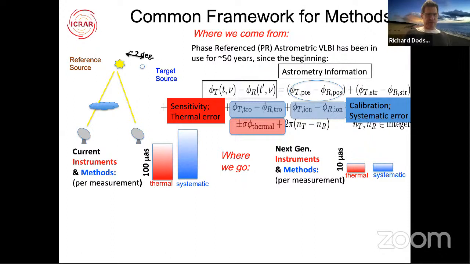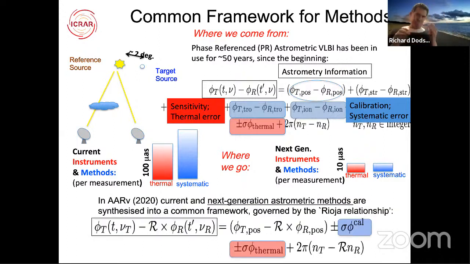And in addition to that, we've introduced a re-expression of the well-known set of phase terms into what I've been calling the Rioja relationship, where we've introduced a factor R, which allows us to represent with one set of equations the referencing that goes beyond these established methods.